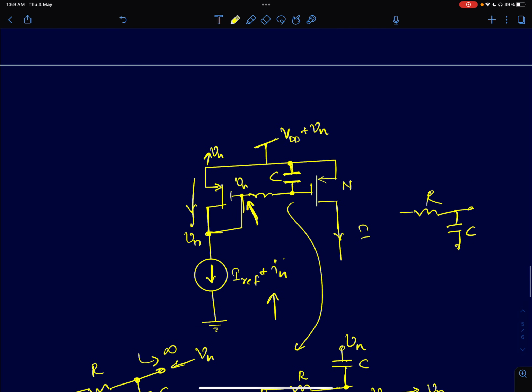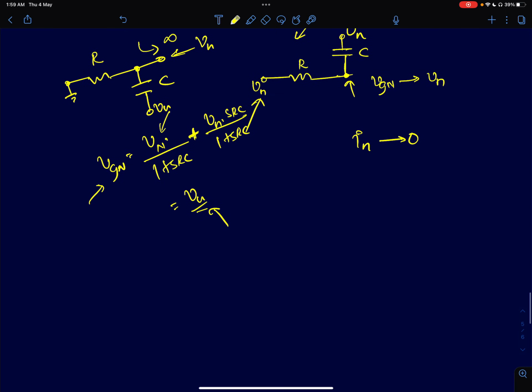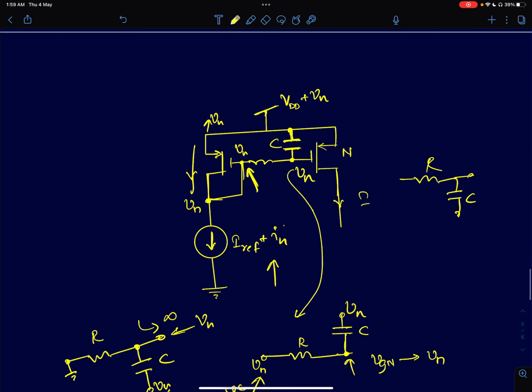So now if you see, the gate voltage here also comes to Vn. And therefore, the change in the output current will be 0. So previously, if I ground referred the capacitor, I was seeing In equal to GMN times Vn.